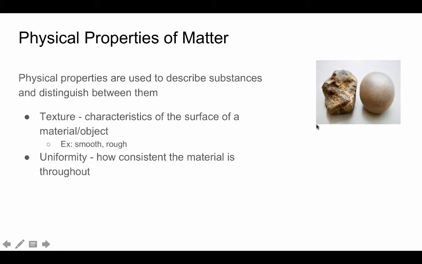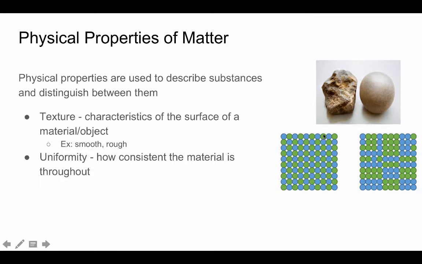Uniformity is how consistent the material is throughout it. So on the left here, we have a very uniform distribution of the components that make up this material. And over on the right, we have an uneven distribution of those components.